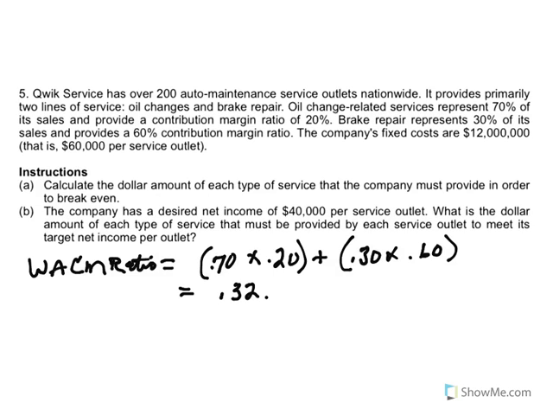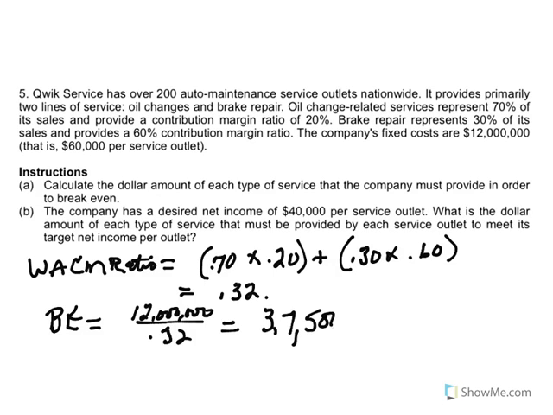So therefore, if I want to break even in dollars for both products, it's going to be the fixed costs, which is 12 million, divided by 0.32. And that would be $37,500,000. Now that's the break even for both products.